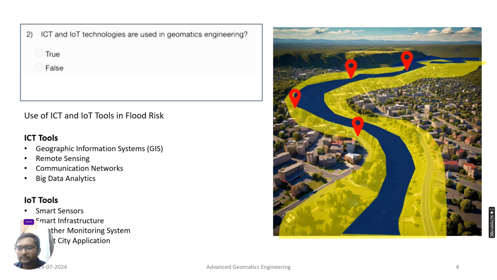So we'll identify the locations and put the sensors depending on their importance and risk level. Then we'll measure the water level at all those locations, and if we observe any risk, we will distribute alerts to the nearby community.